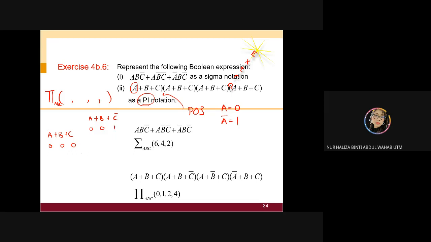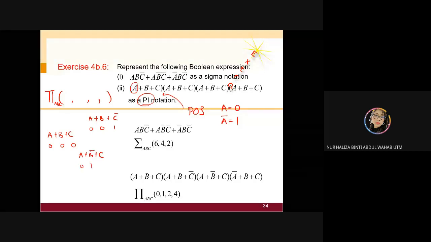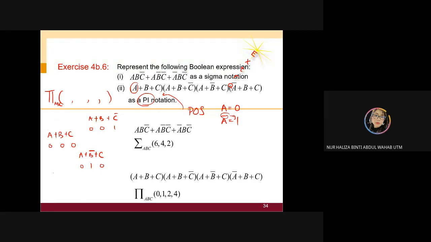The third one, A plus B bar plus C: then my A will be 0, B bar equal to 1, and C will be 0. And the last one, A bar plus B plus C: here A bar is 1, the rest will be 0, 0.